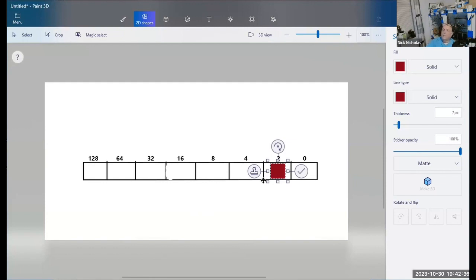Memory circuits are a bunch of solid state transistors that we either switch on or off, and depending upon where they're located, they represent a number. So if we had the 16 and the 2 on, that would represent the number 18.